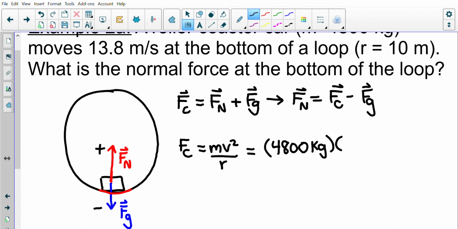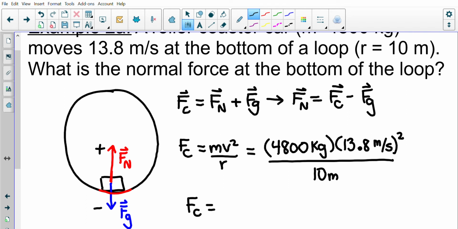The speed is 13.8. Square that. And the radius of this loop is 10 meters. So let's calculate that. So 4,800 times 13.8 squared over 10.